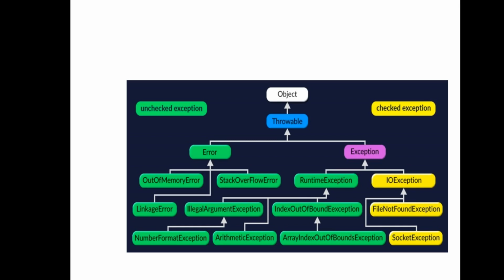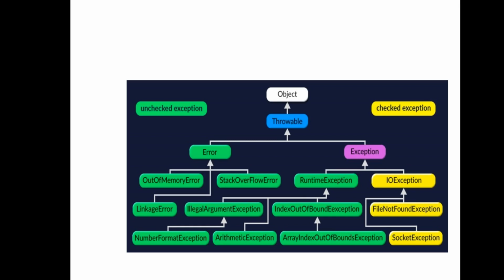Throwable is divided into two parts: Error and Exception. Error may be any reason like out of memory, stack overflow, linkage error. Illegal argument exception, number format exception, arithmetic exception and index out of bound exception are runtime exceptions. These are part of Exception. Errors are mainly three: OutOfMemoryError, StackOverflowError, and LinkageError.